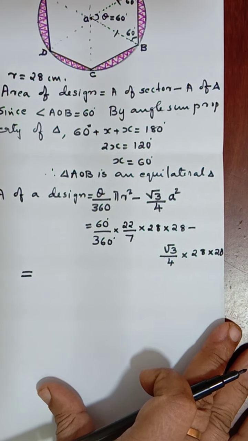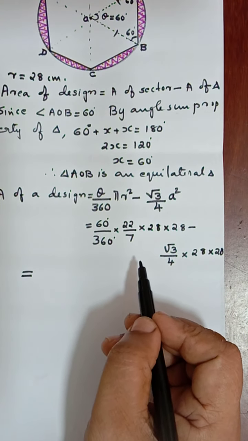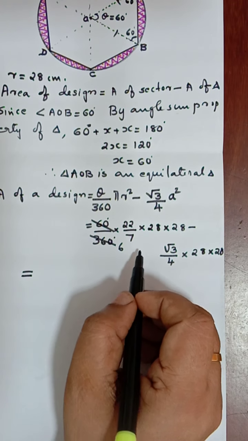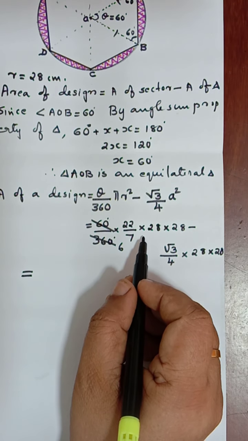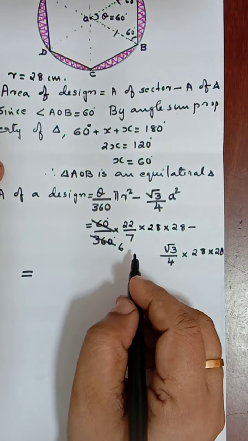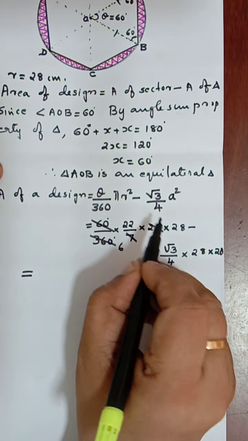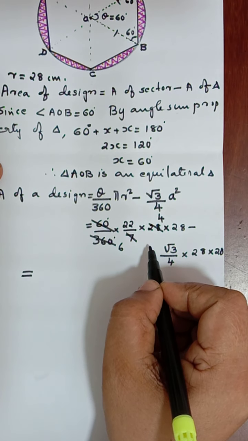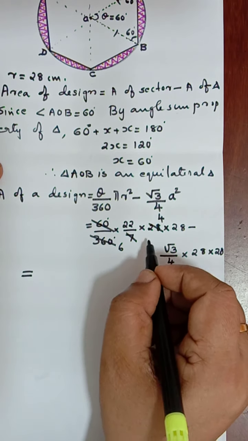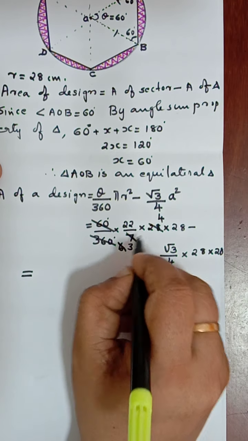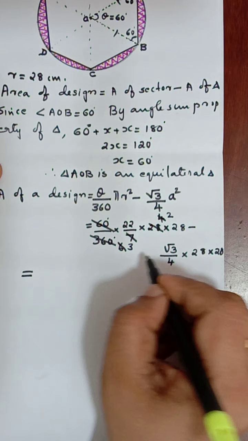So this is equal to, directly we are substituting and solving it. 60 by 360, as we do, it is 1 by 6. Now 7 and 28, we can cancel, 7 fours are 28. Now 6 and 4 can be cancelled. Here you are getting 3 twos, 2 twos.